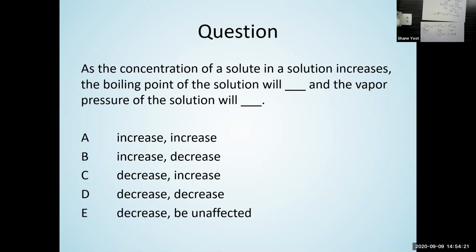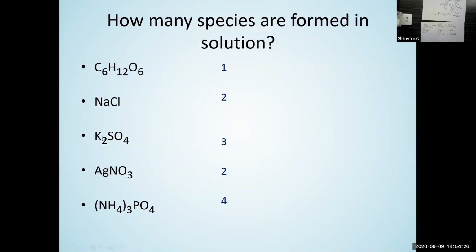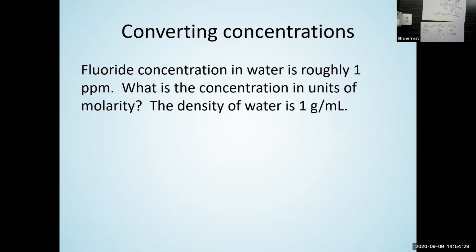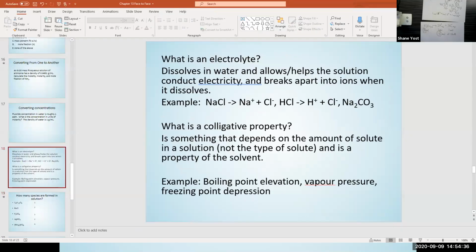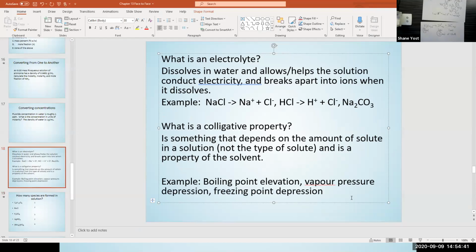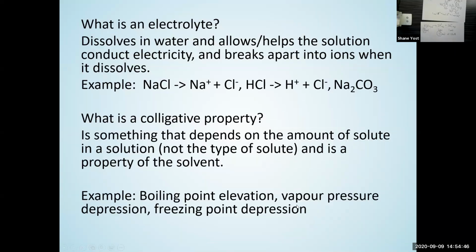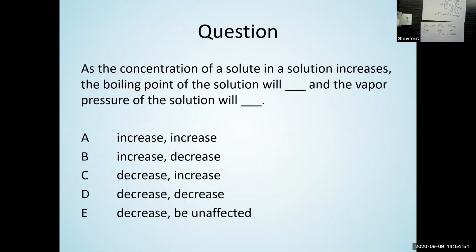I think I forgot to put the other slide here. The vapor pressure changes, and how it changes is often referred to as vapor pressure depression. The vapor pressure goes down with addition of a solute, the freezing point goes down with the addition of a solute, and the boiling point goes up.